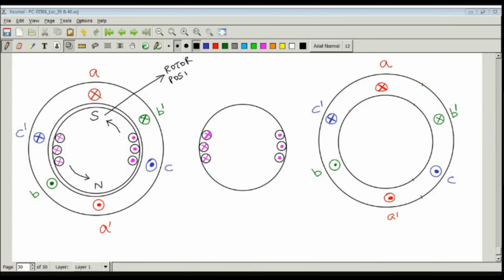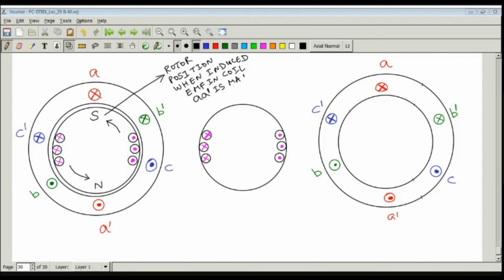This is the rotor position when the induced EMF in coil AA dash is maximum.